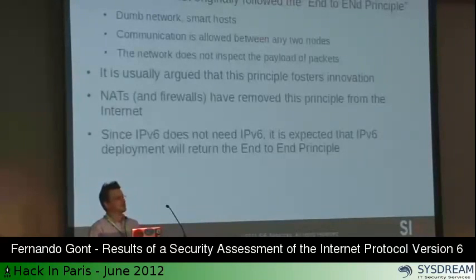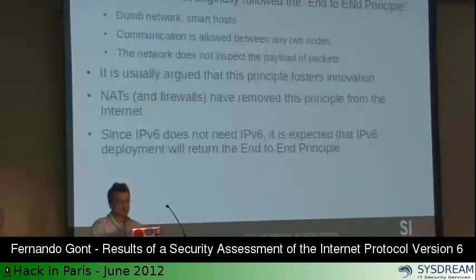And two of the devices that are probably responsible for removing this end-to-end principle from the Internet are NATs and firewalls. Essentially, both NATs and firewalls need to inspect the contents of packets. So they essentially violate most, if not all, of these aspects that we discussed here.